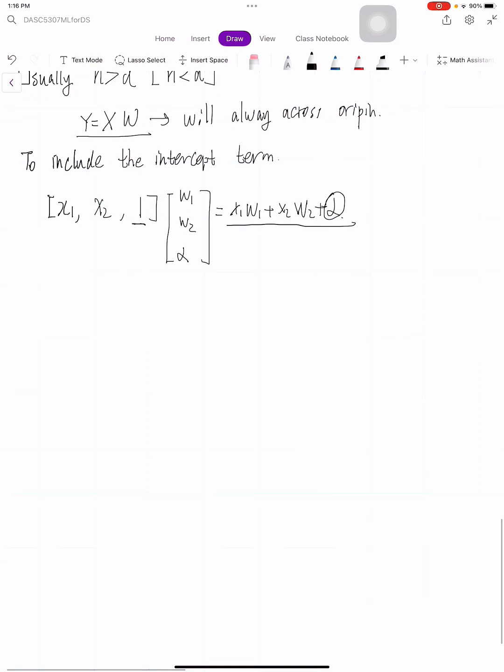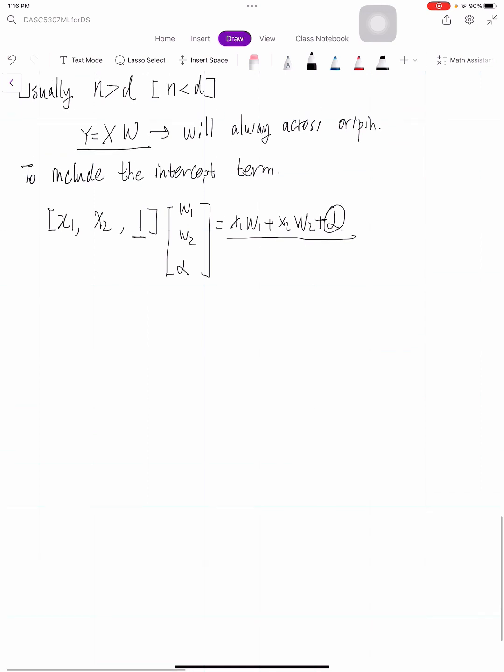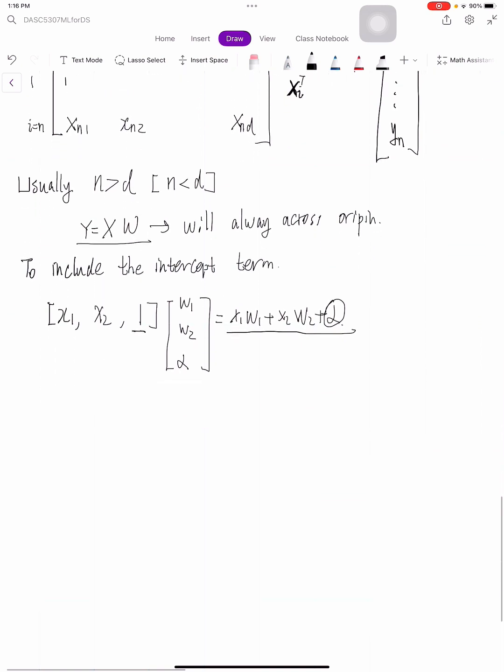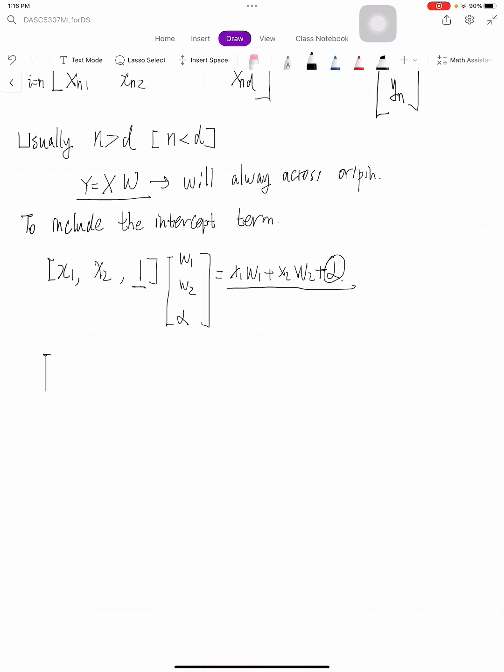So in other words, we usually call this design matrix the augmented design matrix. In the following, we include not only the observation features, up to xn1 through xnd, but also the column of 1s in the feature space, in the design matrix.